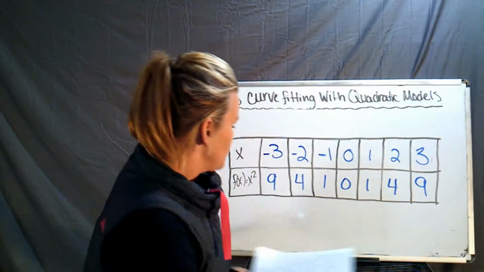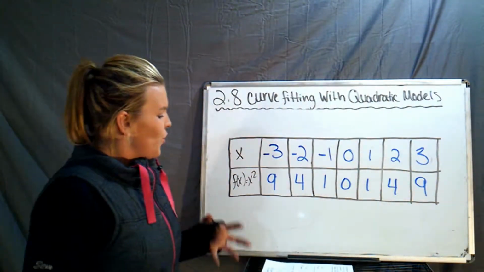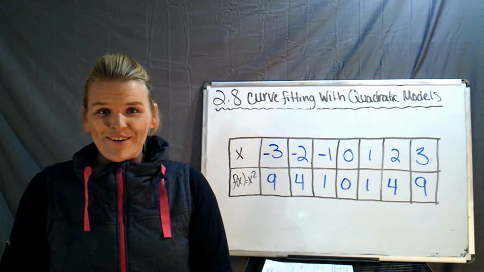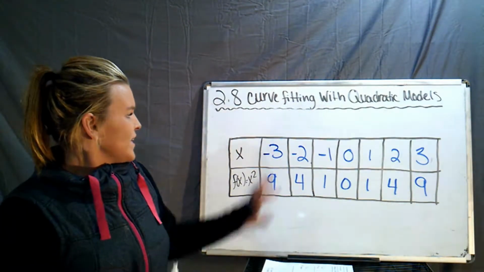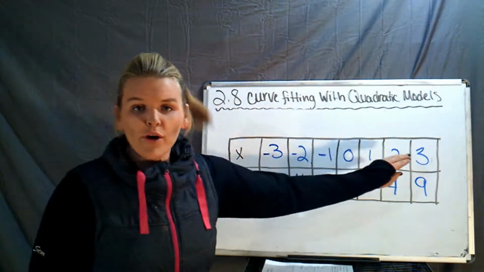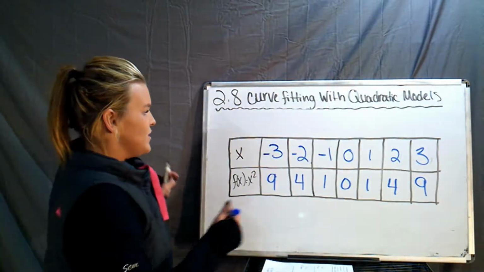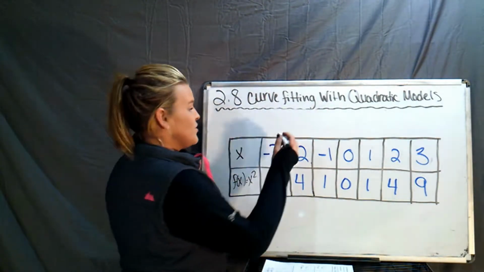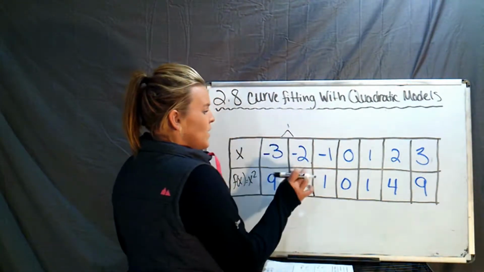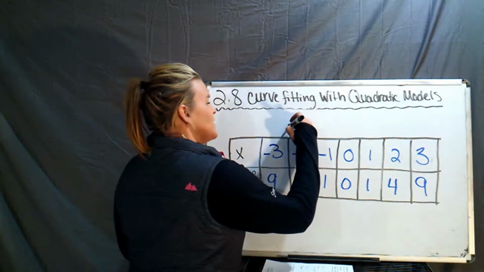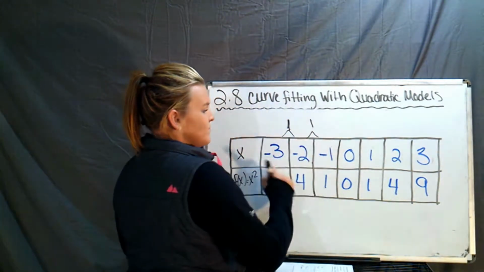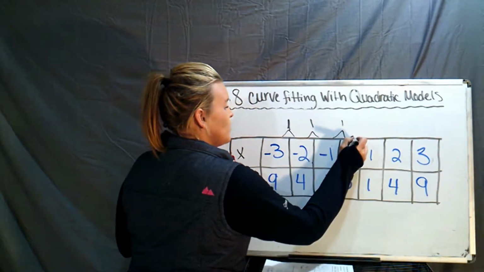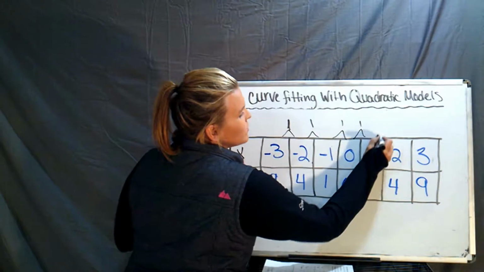Okay, so what I'm going to show you is what equally spaced x values means and what the first and second differences are. For equally spaced x values, we just look at that top row, which is our x values, and see what the difference is between these. -3 and -2, that has a difference of 1. -2 and -1, difference of 1. -1 and 0, difference of 1. 0 and 1, 1. 1 and 2, 1.